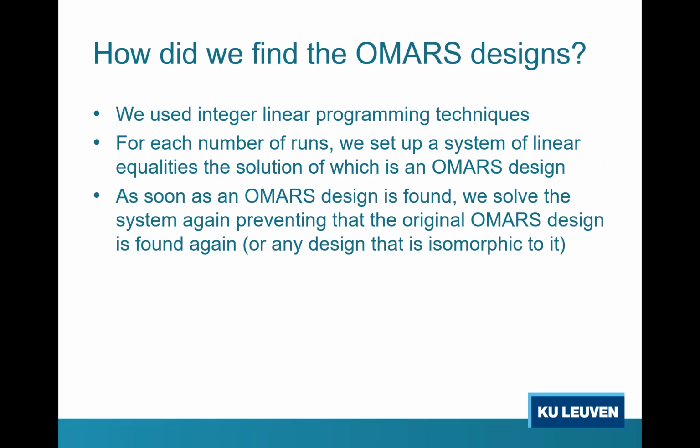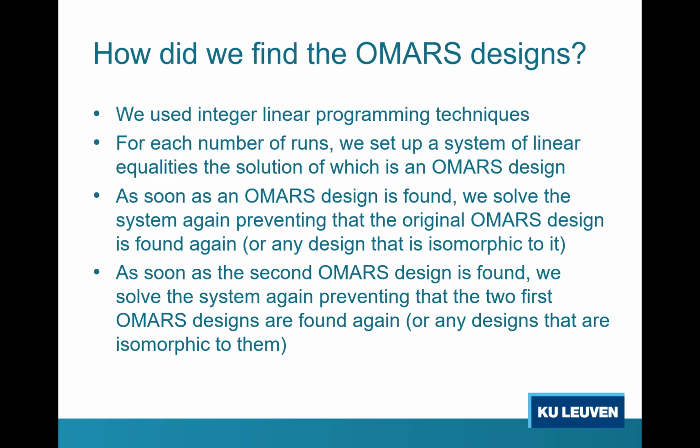And then we solved the same system of linear equalities again with some additional constraints in it, so that the next time we solve the system, we find a different OMARS design. So we did that repeatedly, over and over.